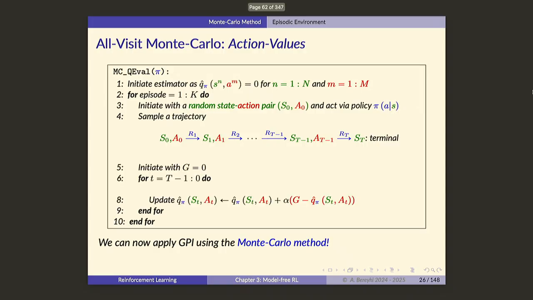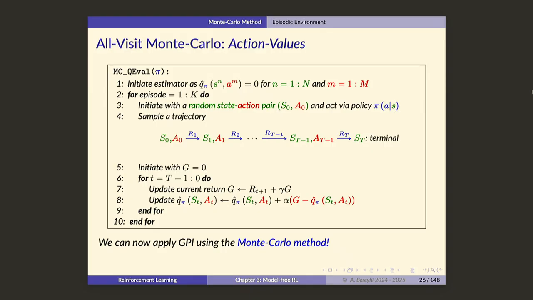And once you do that, then you would say, okay, maybe if I think about the very last one, I want to know about S_{T-1}, A_{T-1}. The action value here, one sample that I have got, is actually G, which was 0 initially, plus the return that I collected, the last return, right?